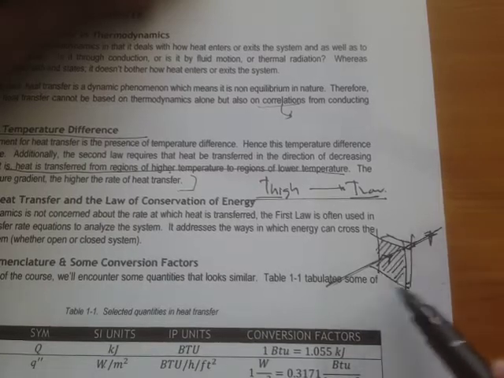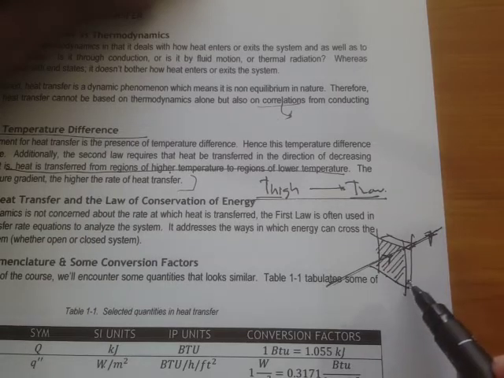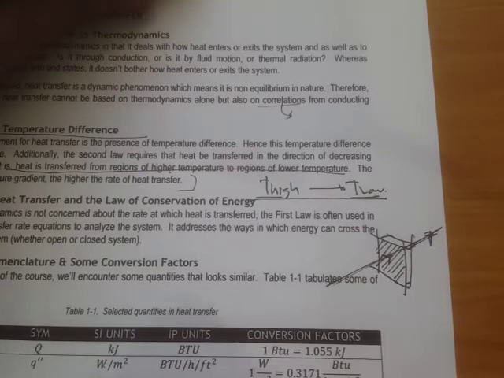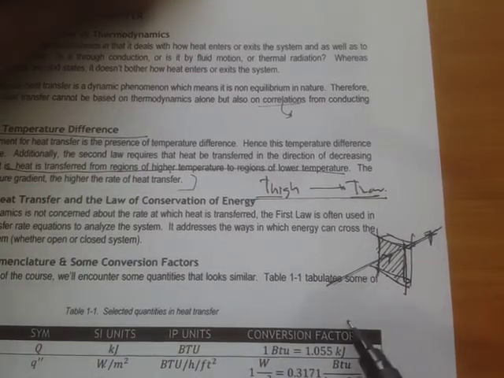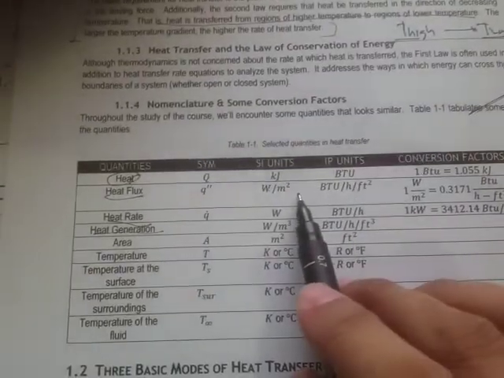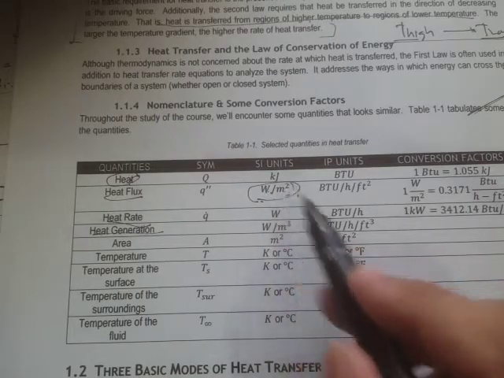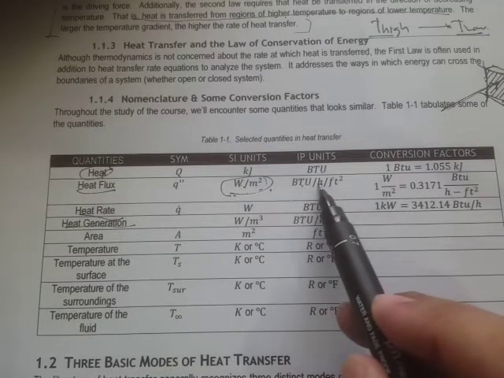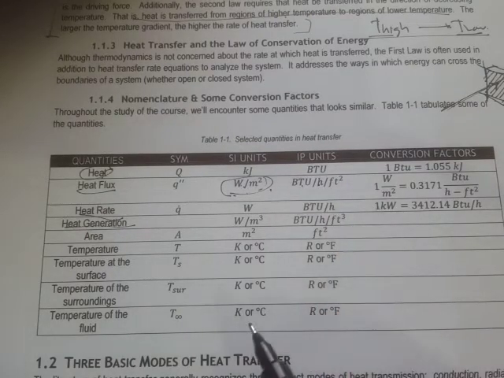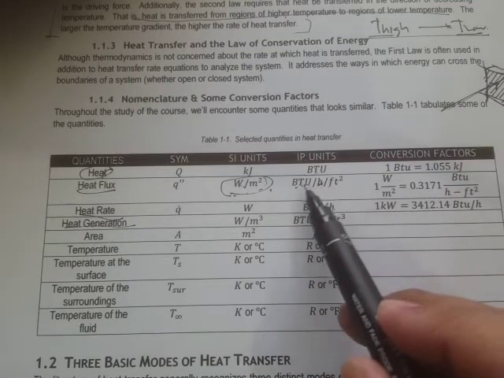So something like a unit area, let's say 1 meter by 1 meter, or any other dimensions. That's just heat rate per unit area. And here's the equivalent for the IP units: BTU per hour per feet squared. Again, BTU is just energy, so this is BTU per hour.